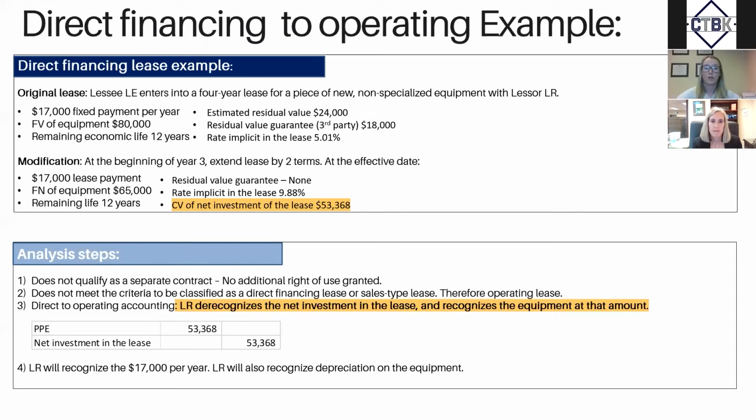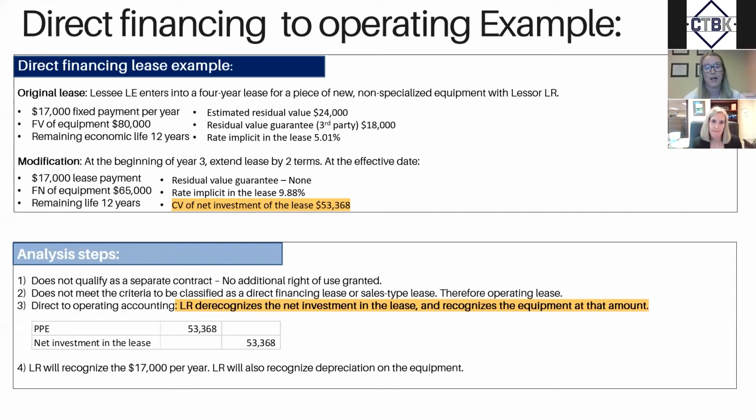So again, applying those steps we talked about. Step 1, does it qualify to be accounted for as a separate contract? No, it's just a lease extension. There's no additional right of use granted. And then second, we're going to reassess the classification based on the modified terms.